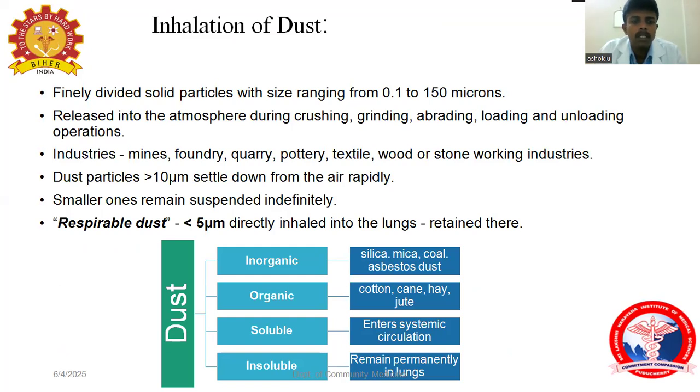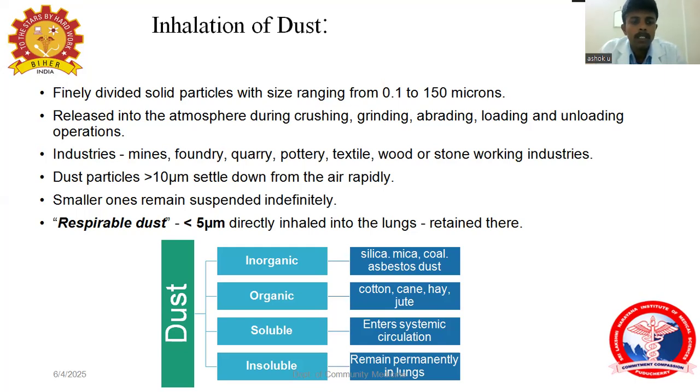Dust particles larger than about 10 microns usually settle down from the air rapidly, while the smaller ones remain suspended indefinitely in the air, and that is what we breathe; it goes deep inside the lungs and settles down in the alveoli.